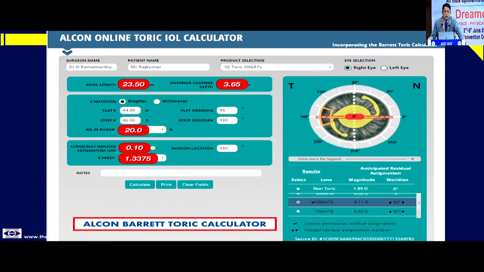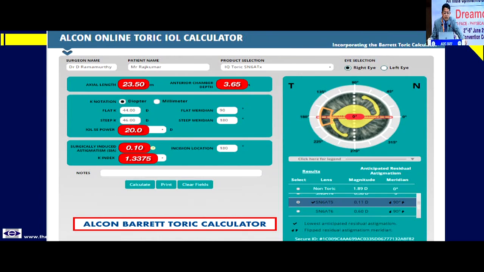Again, in case you are using a standard intraocular lens and you use a company calculator like this, these factors are taken into consideration. It's not just for Alcon; most of the companies take this into consideration. You can see the axial length is taken as 23.5, and anterior chamber depth is taken into consideration. That's because the toricity ratio depends upon the axial length and the primary power of the lens you are implanting, so the power of the toricity is going to change.